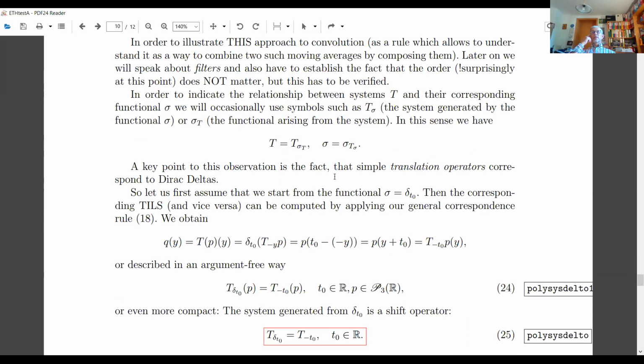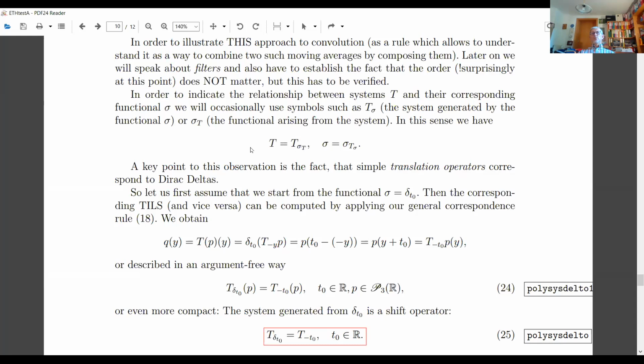Here I'm just adding a comment on what one would have to do if one goes into more detail. I will do it later on for the continuous, non-periodic case. If sigma of t is the functional representing the system t, then you give me a functional, and you can fabricate a channel or a system from this. And of course, this will be the original system.